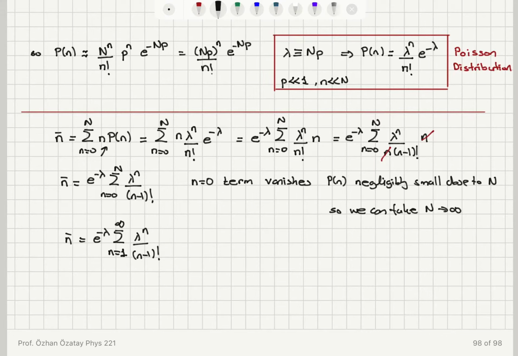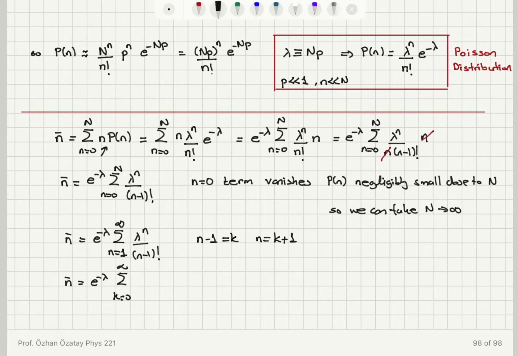And now I'm going to call n minus 1 to be k, so that n is going to be k plus 1. So the average value or mean value of n will be e to the minus lambda. When n is equal to 1, k is equal to 0.